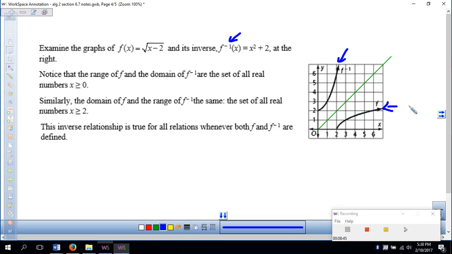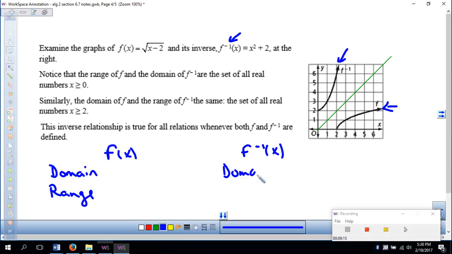All right, so now we want to take a look at the relationship between the domain and range of inverses. So we have f of x, and we have f inverse of x. I want to look at the domain of f of x and the range of f of x. And then I want to look at the domain of f inverse and the range of f inverse.